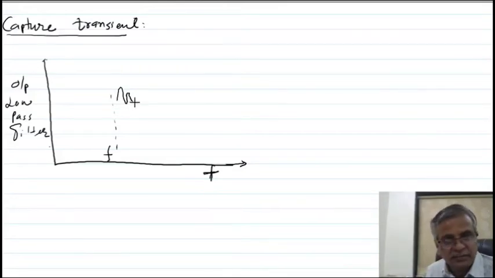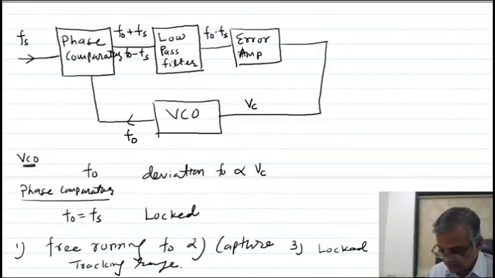FO minus Fs. As a result, this small DC voltage is amplified by the error amplifier, and that produces the signal VC, and this signal changes the frequency of the VCO towards Fs, and the difference tries to reduce.